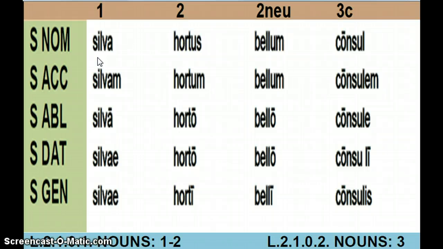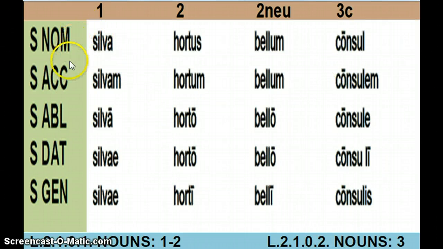So you have nouns of certain families represented by these four nouns. Silva is a first declension, hortus is a second declension, bellum is a second neuter, and consul is a 3C. Every noun will fall in one of these families. These are given as examples.